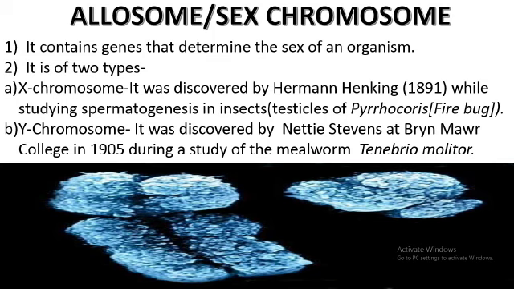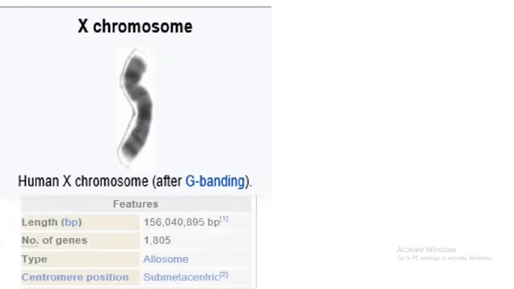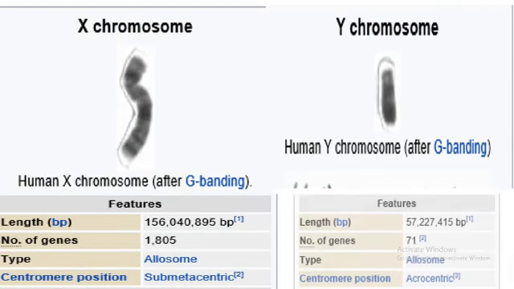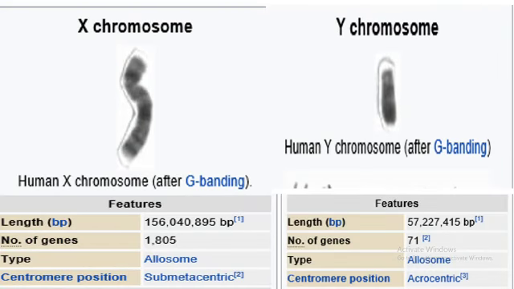Usually, the X chromosome is bigger and the Y chromosome is smaller. This diagram shows the X and Y chromosomes and certain characters, for example length, number of genes, and type and position of centromere.